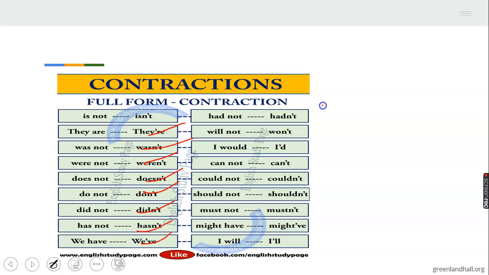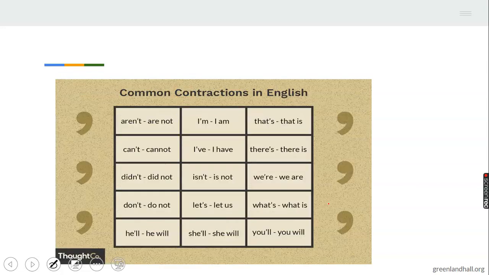Had not, hadn't. Will not, won't. I would, I'd. Cannot, can't. Could not, couldn't. Should not, shouldn't. Must not, mustn't. Might have, might've. I will, I'll. Okay, these are contractions that we make use of regularly.